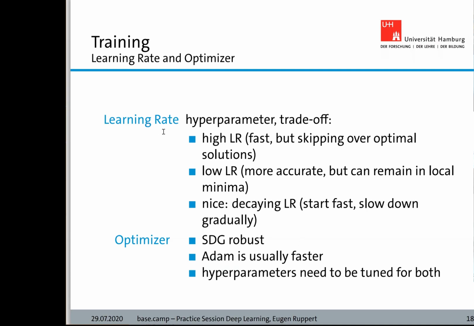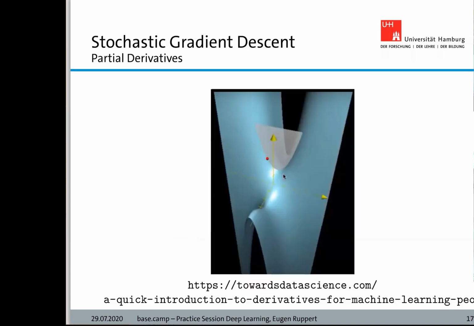Another hyperparameter that you need to set is the learning rate. And there you have a trade-off. If you have a high learning rate, then you are potentially converging faster, but it can happen that you skip over optimal solutions. Since I cannot draw here, let's go back.